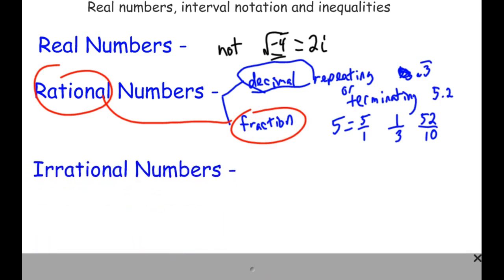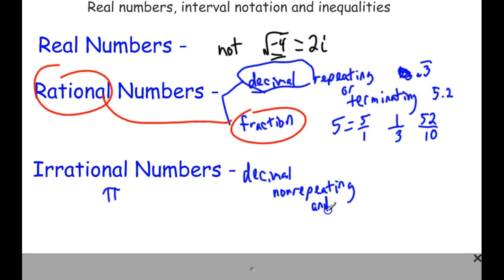Finally, we get to irrational numbers. Some of you may know some of the most famous ones, like pi. It's very famous. If you're talking about the decimal, let's think about pi. It's non-repeating and non-terminating. Non-terminating means it goes on forever. That's how we say that mathematically.